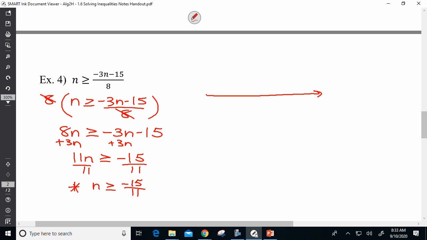Now we can do our graph. Negative 15 over 11, throw that on the left-hand side. This is greater than or equal to, so put a closed circle. Greater than or equal to means you shade to the right. So there's your graph.